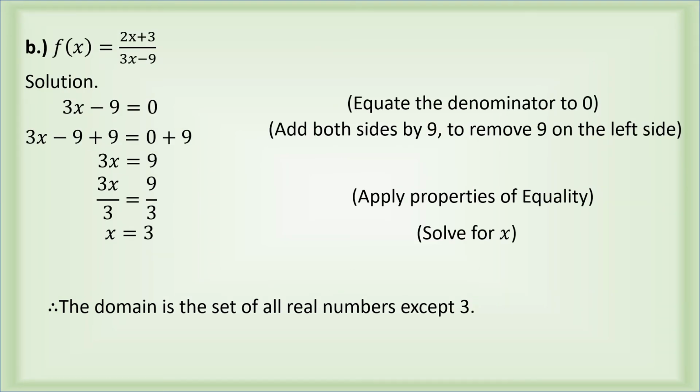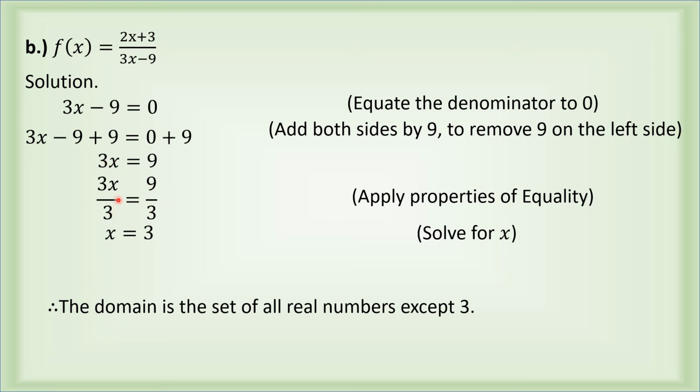Okay, letter B, let's say f of x equals 2x plus 3 all over 3x minus 9. The solution is to equate the denominator equal to 0. So you copy 3x minus 9 equals 0. Then we need to remove 9 on the left side of the equation since we are solving for x. So we add 9 to both sides, applying the addition property of equality, and we have 3x equals 9.